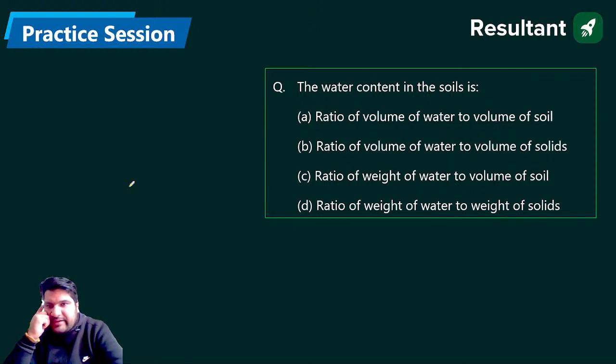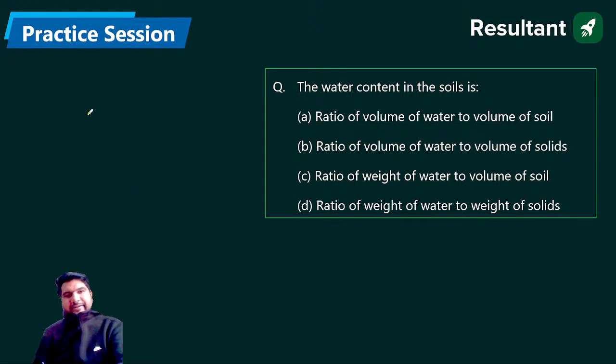How will we define the water content in the soil? The water content, small w, is simply denoted as mass of the water upon mass of the solids multiplied by 100.